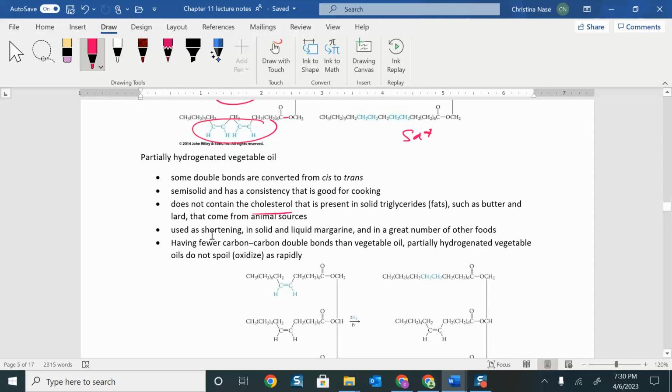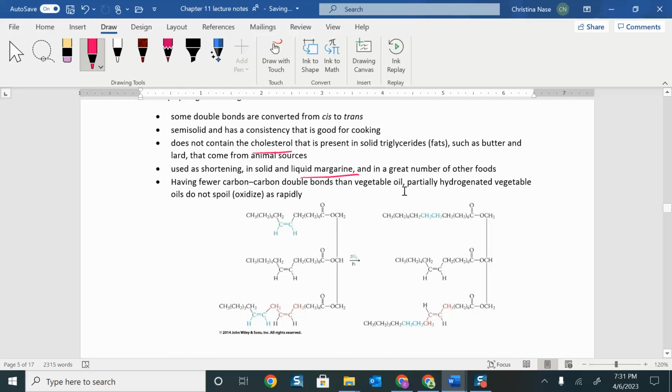Partially hydrogenated vegetable oils are sometimes used in shortening or in margarine, and a lot of other sources as well. So the good part about it is that your consistency is like saturated fatty acids, but you don't have the cholesterol in it. Having fewer carbon-carbon double bonds in the partially hydrogenated oil also makes it not spoil as fast.